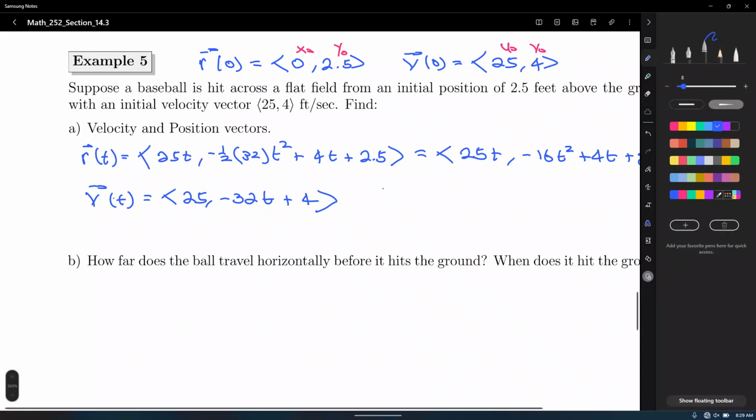A diagram would be great. Let's see if this works. It's not going to work, well, somehow.